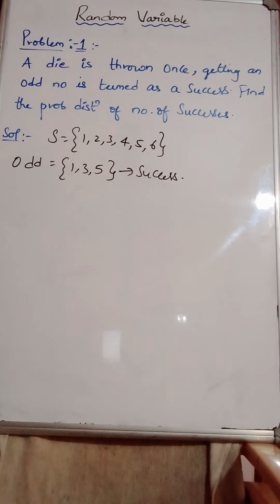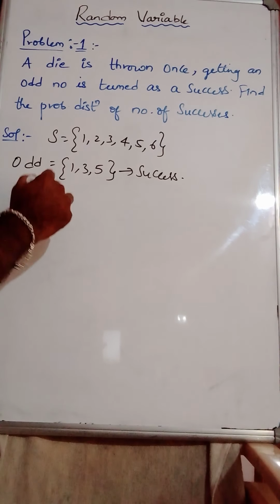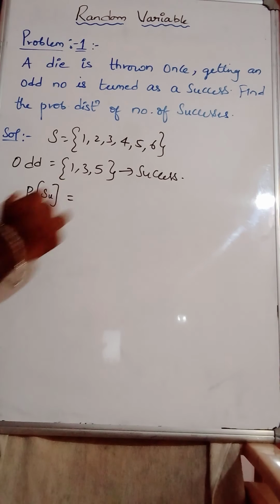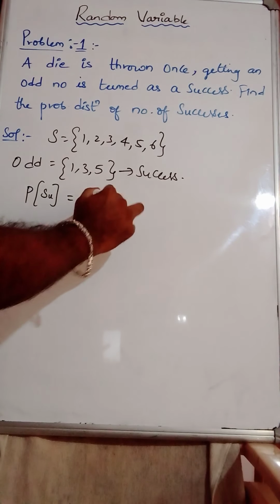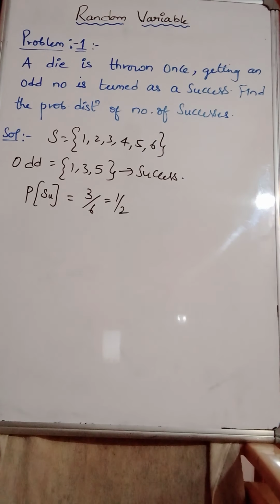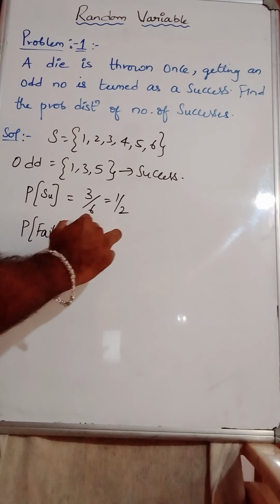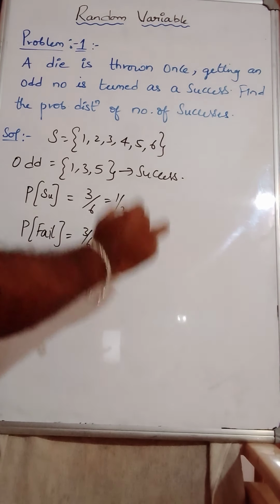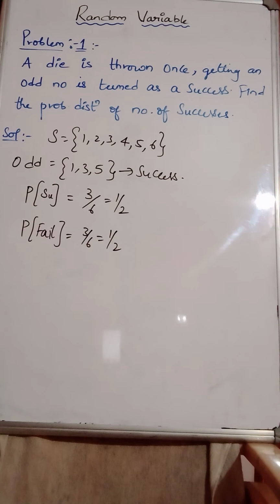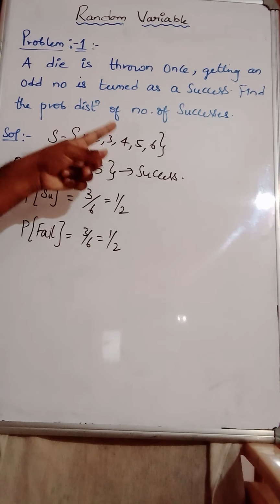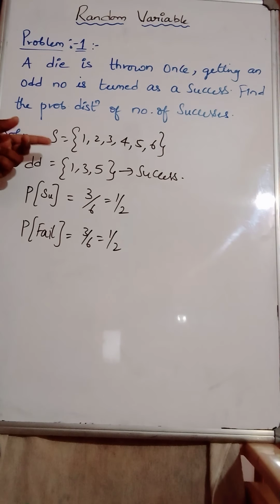Then probability of success: success is nothing but getting odd number. 3 by 6, 1 by 2. Then what about probability of failure? That is also 3 by 6, 1 by 2, because success and failure are equiprobable. Getting odd and even numbers were equiprobable in the sample space of the throwing a die experiment, isn't it?